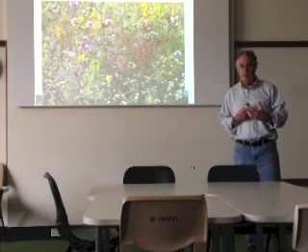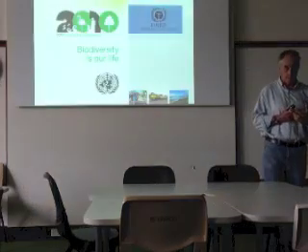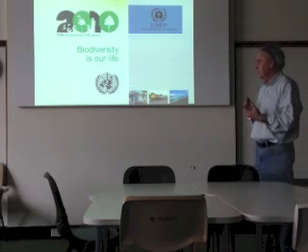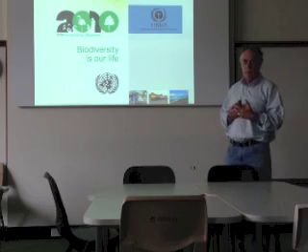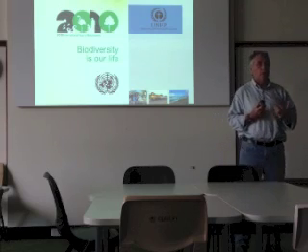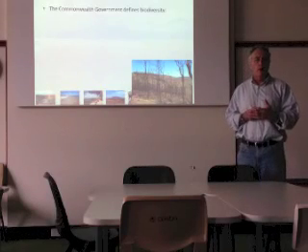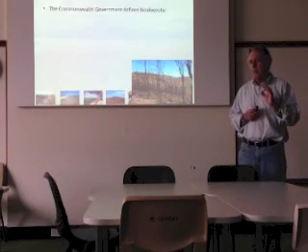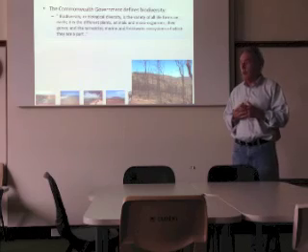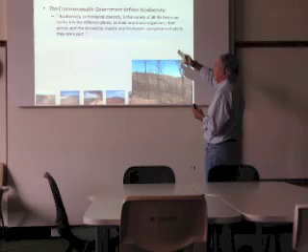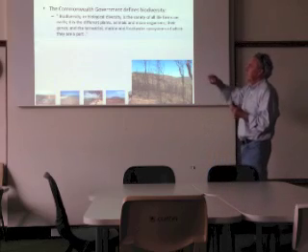Let's think about biodiversity from the bigger picture perspective. 2010 was a particularly important year for biodiversity. It was the International Year of Biodiversity, as declared by the United Nations Environment Programme. If we want to get our head around what we mean by biodiversity, here's a definition from the Commonwealth Government. Biological diversity is the variety of all life forms on Earth.